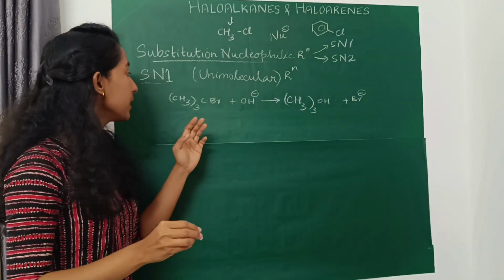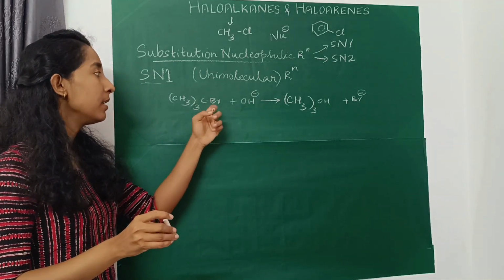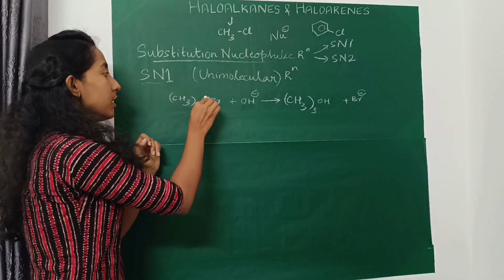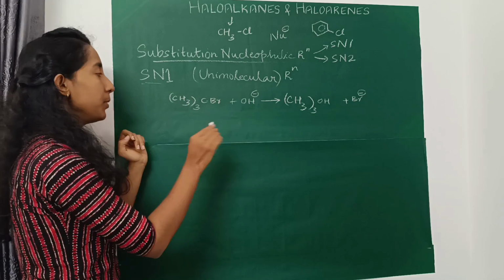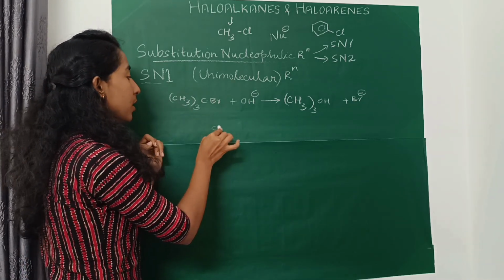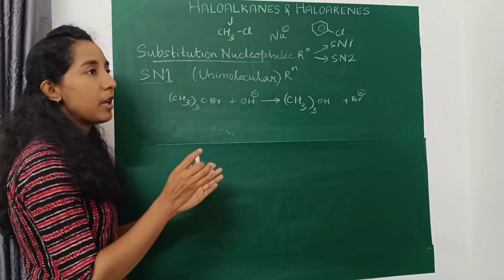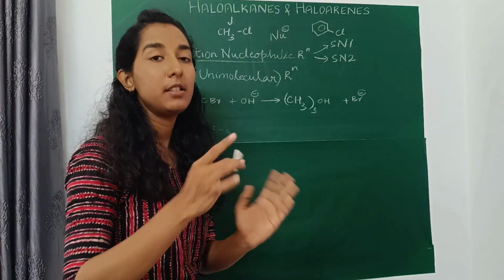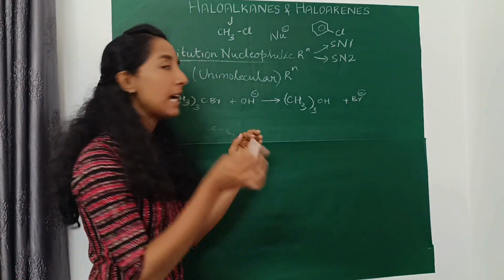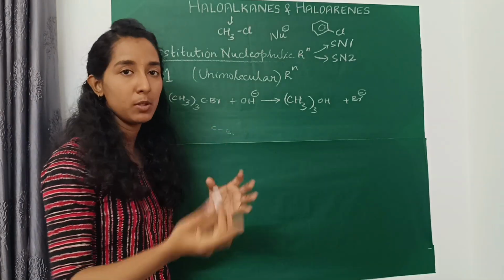In this reaction you can see a tertiary butyl bromide. So this is a tertiary carbon. I hope you know what a tertiary carbon is. We have primary alkyl halide, secondary alkyl halide and tertiary alkyl halide. The halide can be bromine, chlorine, iodine, anything.